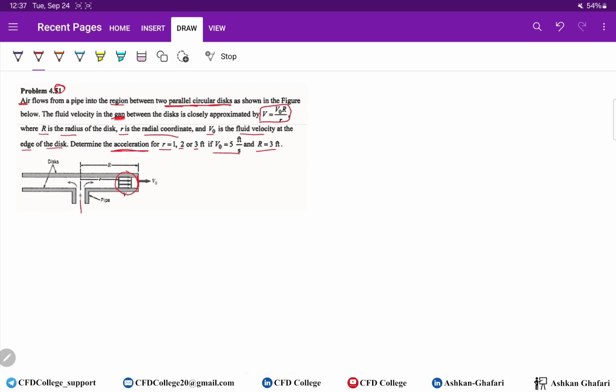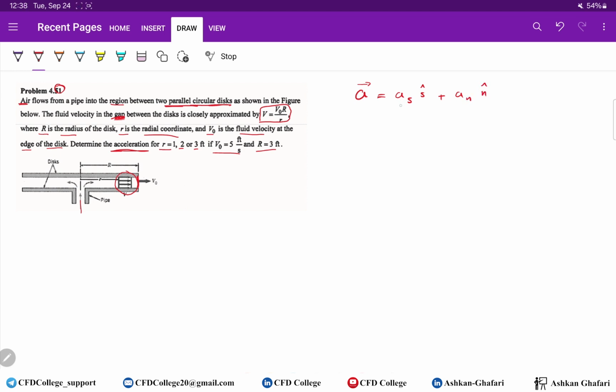In this problem, we should work in cylindrical coordinates. In the previous one, we worked in Cartesian. In cylindrical coordinates, acceleration equals as in s direction. S means streamline, or streamwise, plus an in normal direction.